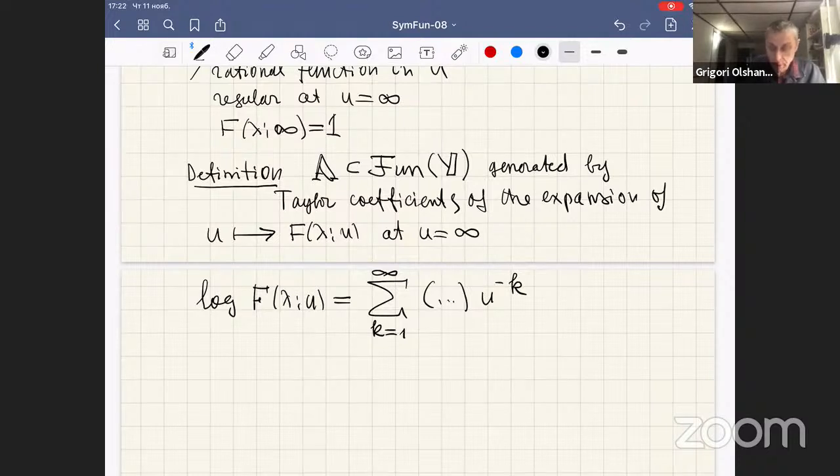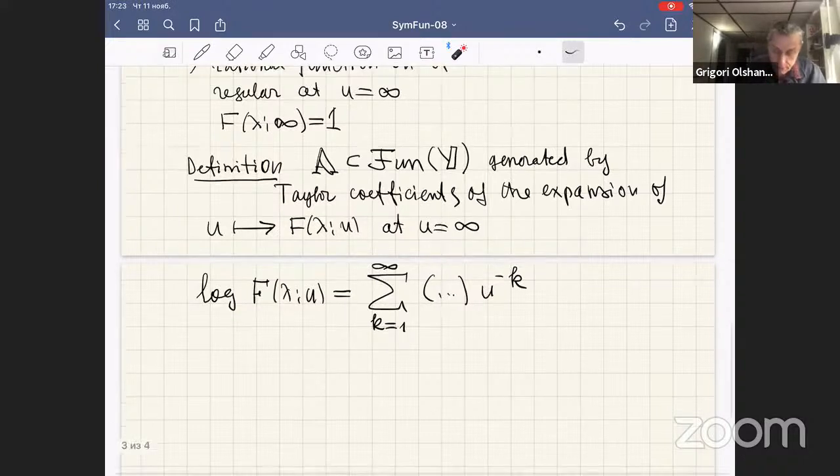We look at these coefficients, which are some functions in lambda, and we want to deal with the resulting functions which are generated by these coefficients.